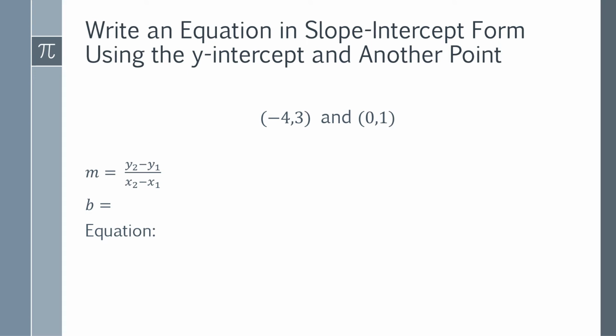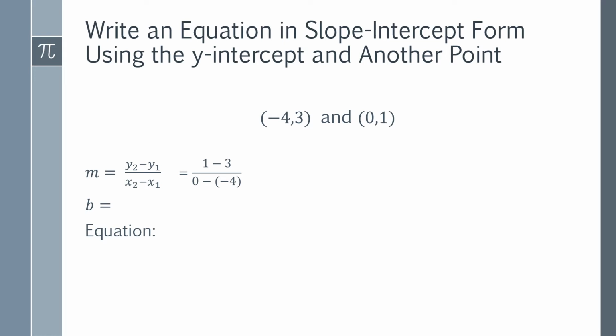What is the equation of the line between negative 4, 3 and 0, 1? Well, 0, 1, that's going to be our y-intercept, right? So let's remember that. First thing we're going to do is calculate the slope. We're going to use our y2 minus y1 over x2 minus x1.